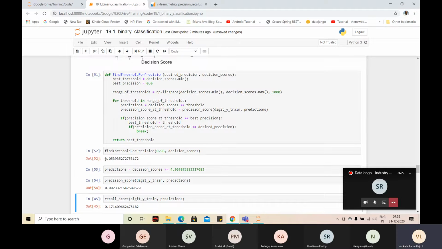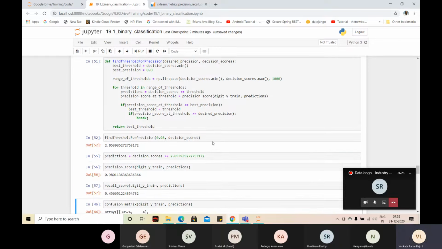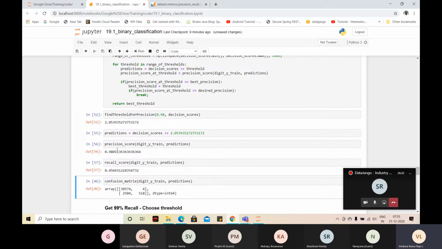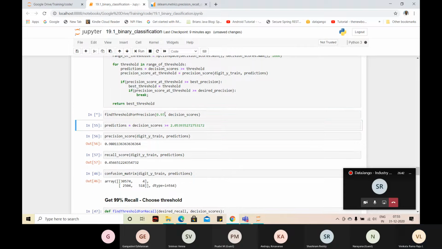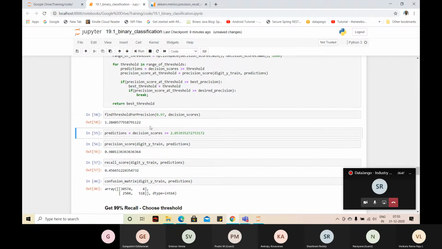So I have to take this threshold. See, recall improved with 1% damage on the precision score. Recall improved almost 100%, more than 150% it improved. If you take 97%, what is recall?